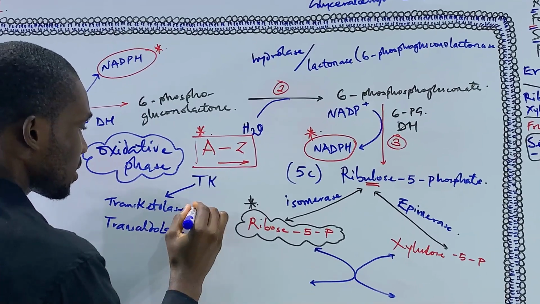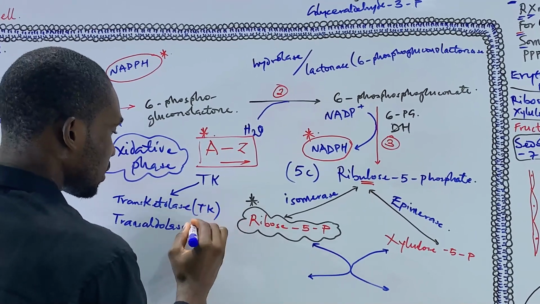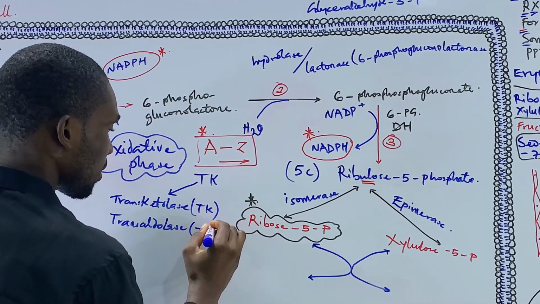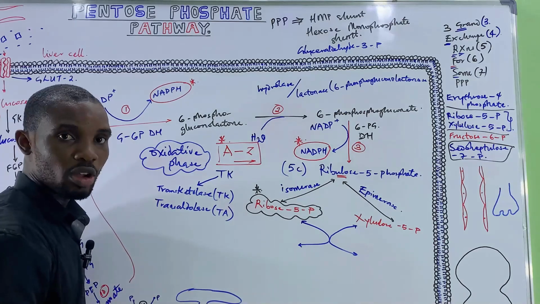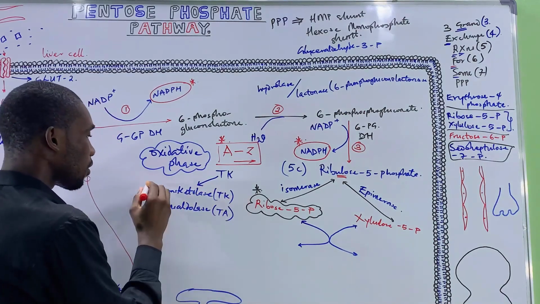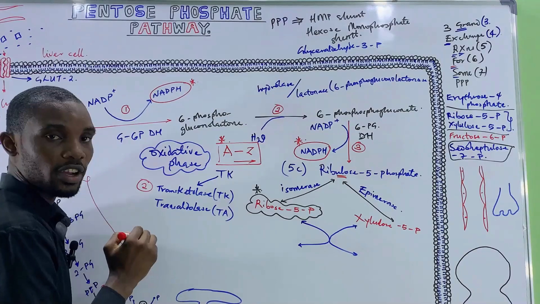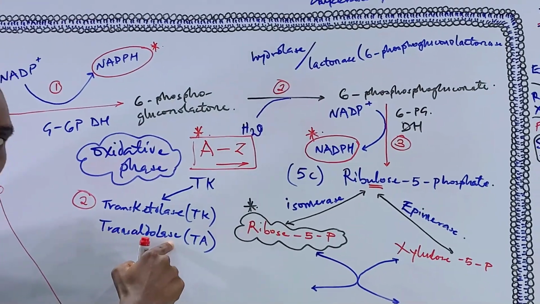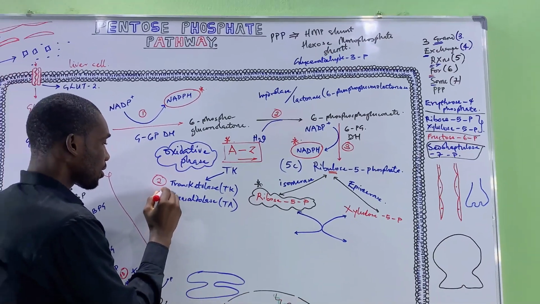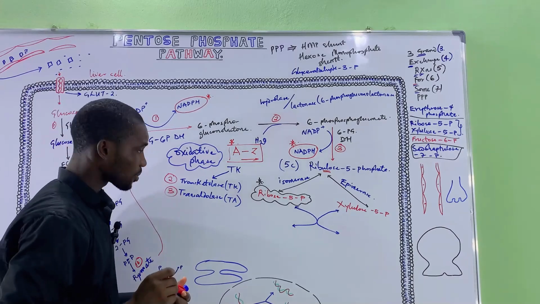So let's say TK and TA. Anytime we talk about transketolase, we should think of 2 carbon transfer. Anytime we talk about transaldolase, we should think of 3 carbon transfer.